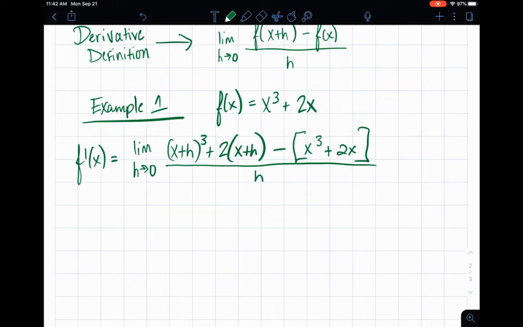Okay, this is where the algebra gets a little lengthy. So when we do x plus h times x plus h, what are we going to get?